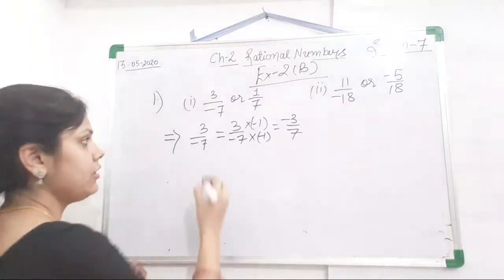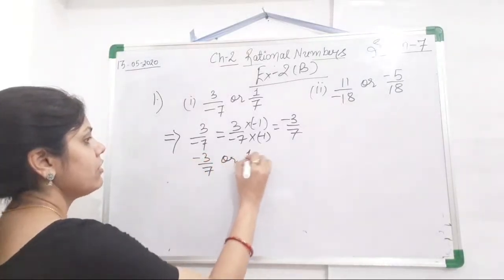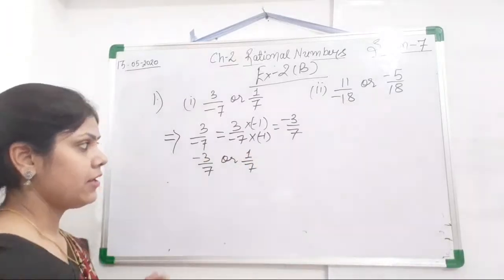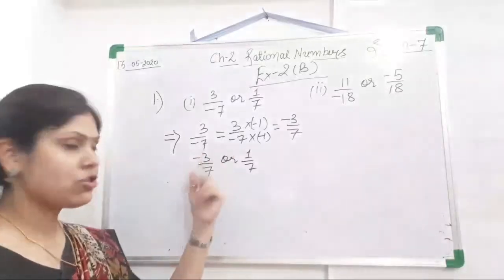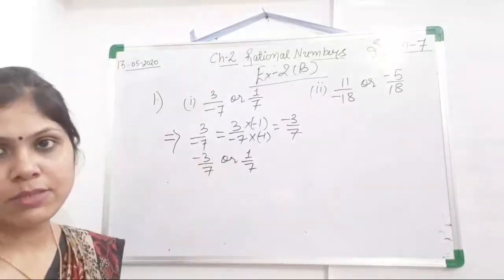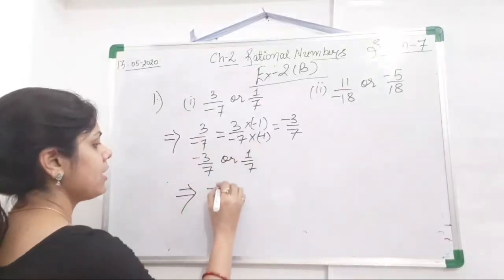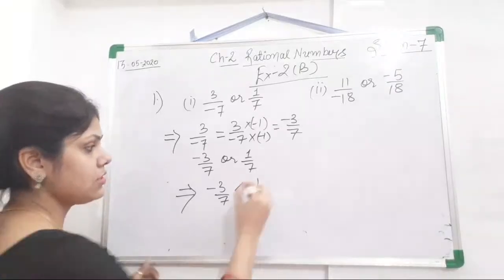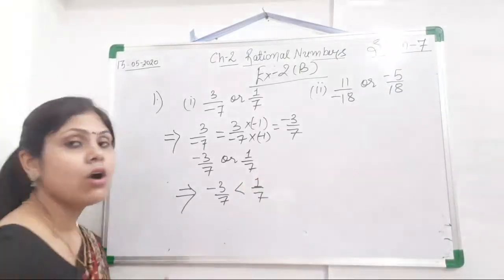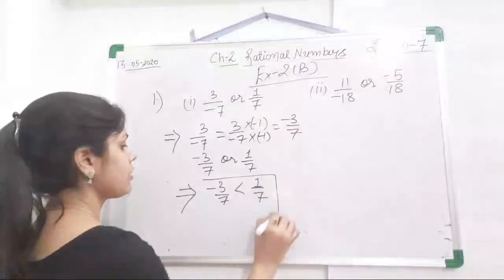That means you have to compare minus 3 upon 7 and 1 upon 7. Now the denominators are the same. Minus 3 or 1, and we know one is negative, one is positive. That means 1 upon 7 will be greater. This implies minus 3 upon 7 is less than 1 upon 7. Why? Because every negative integer is less than a positive integer. So this will be the answer.